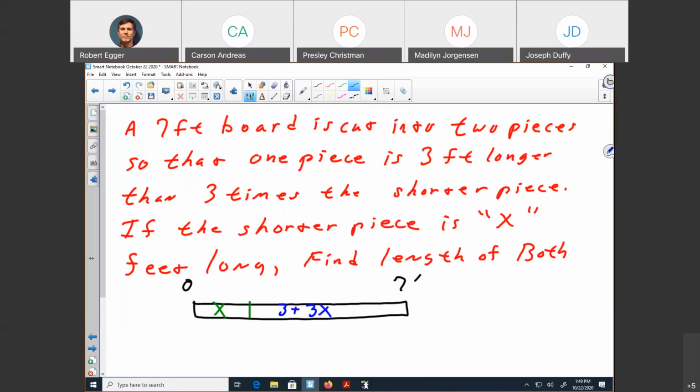Does that look about right? 7 feet, cut in two. I mean, one side's shorter than the other.